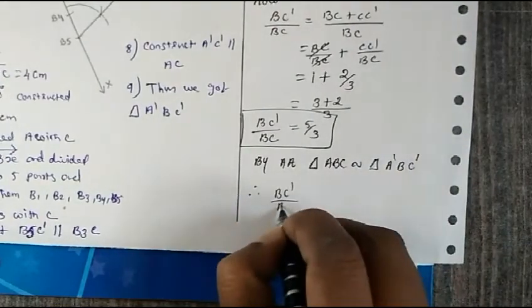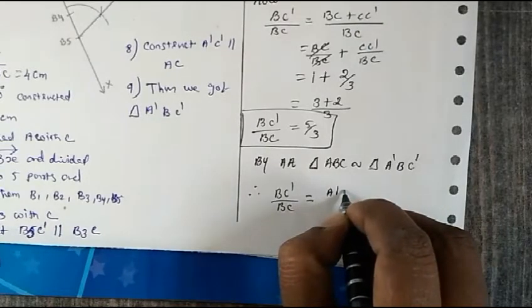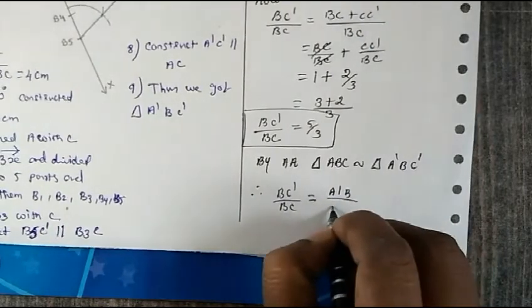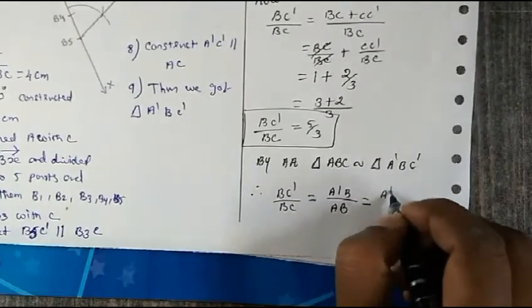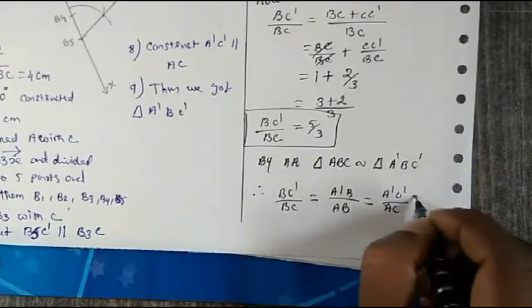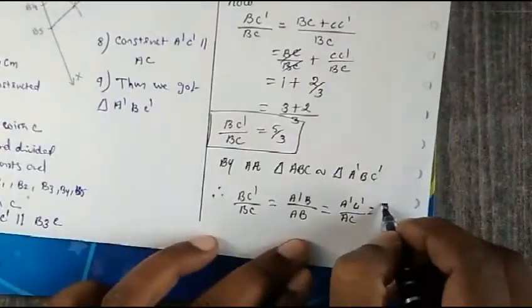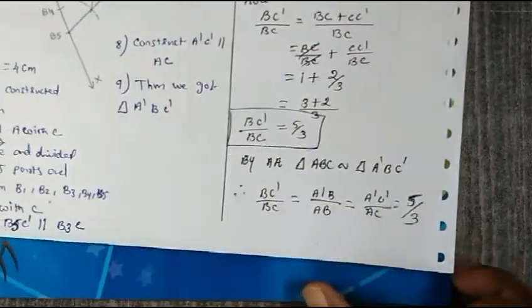Therefore BC dash upon BC is equal to A dash B upon AB is equal to A dash C dash upon AC is equal to 5 upon 3. That's it. I hope it is clear to you.